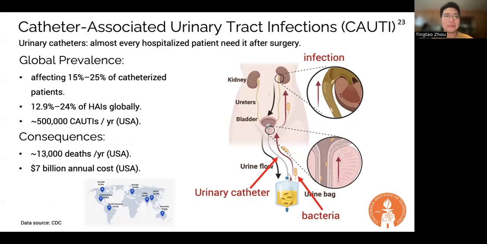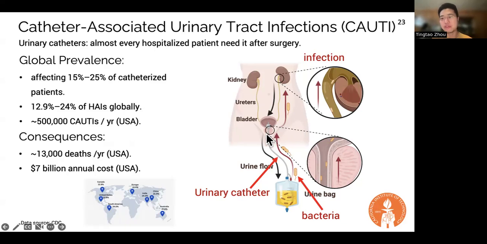If you have visited the hospital and seen some patients who are immobilized and can only stay on the bed, then it's very likely you're going to see some of them have a urinary catheter inserted into the urinary tract, like the schematic picture here. That's a catheter coming all the way into the patient's bladder.